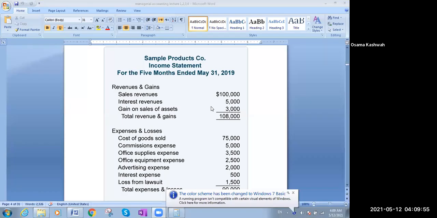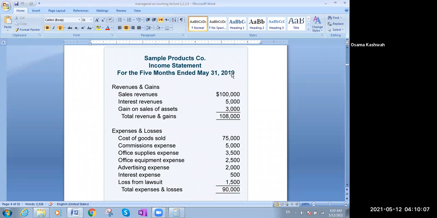And let me remind you, but first I have to share my screen, so everybody can see what is here. As you see now, the income statement is also prepared for companies, usually for the year ended in, or for the months ended in, or for a period like quarterly, semi-annually or annually.